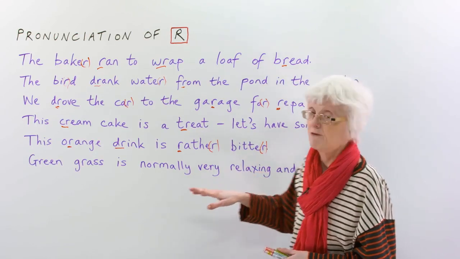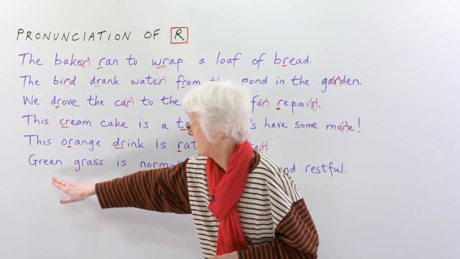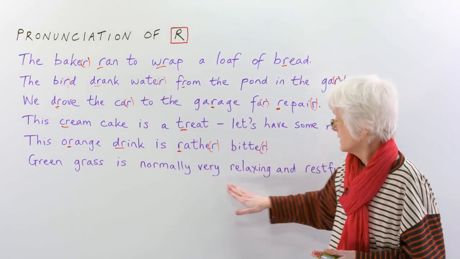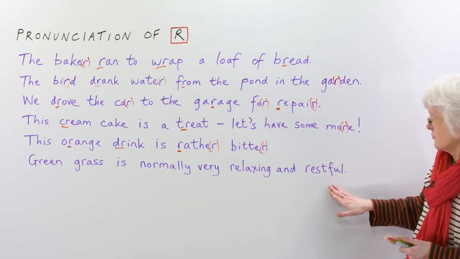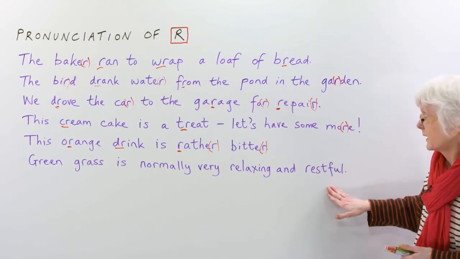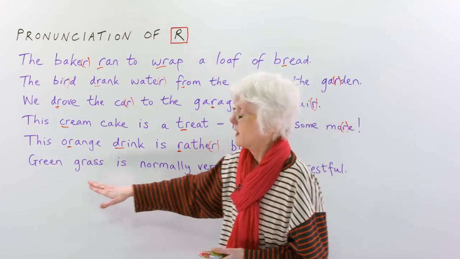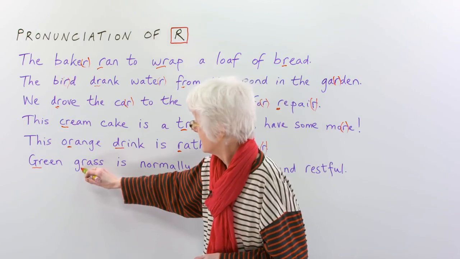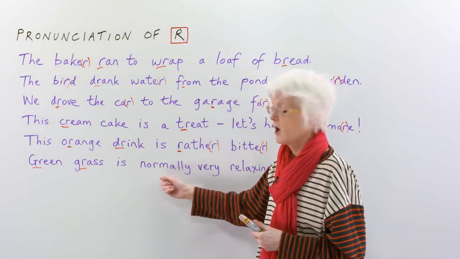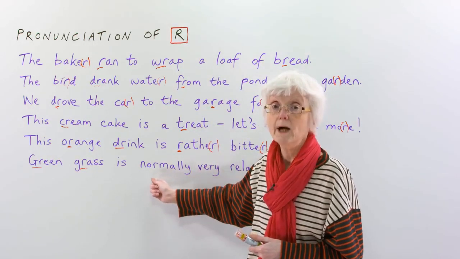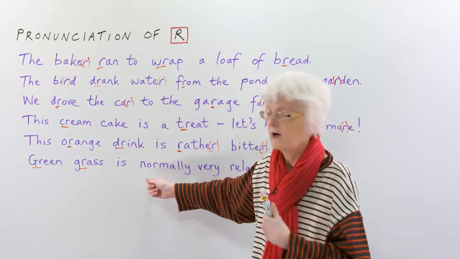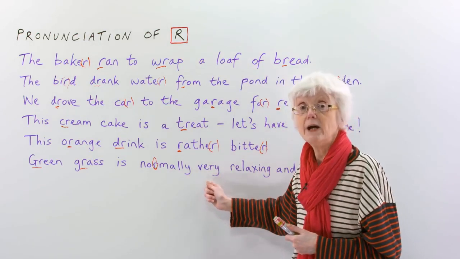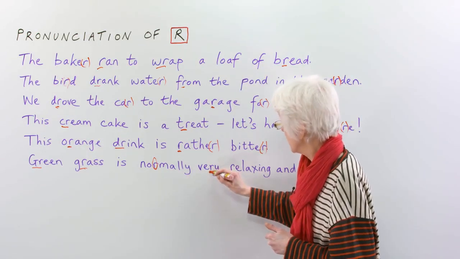Okay, and finally, you first. Okay, so green grass is normally, "or", so that's an open vowel sound, no R. Normally, very, very, pronounced.